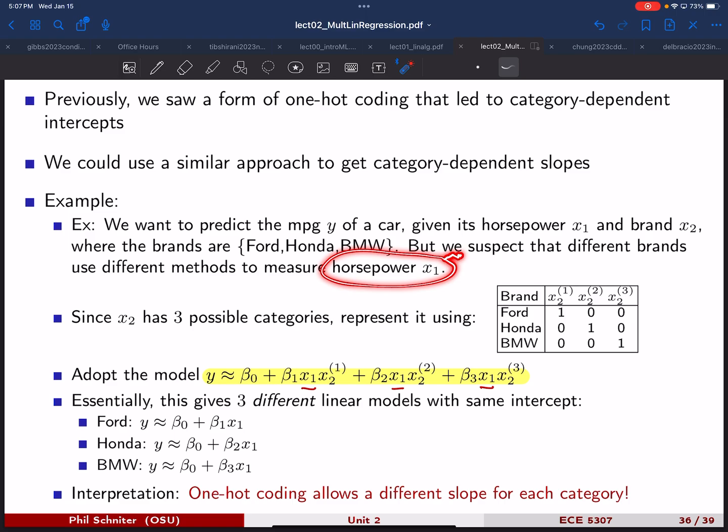Maybe they use something different about how they do it. And so maybe you think BMW's horsepower is always inflated and Ford's is always a little bit lower. So what I really should do is allow a different slope coefficient for each brand, but the same intercept coefficient. So this is just another way that you could use one-hot coding.